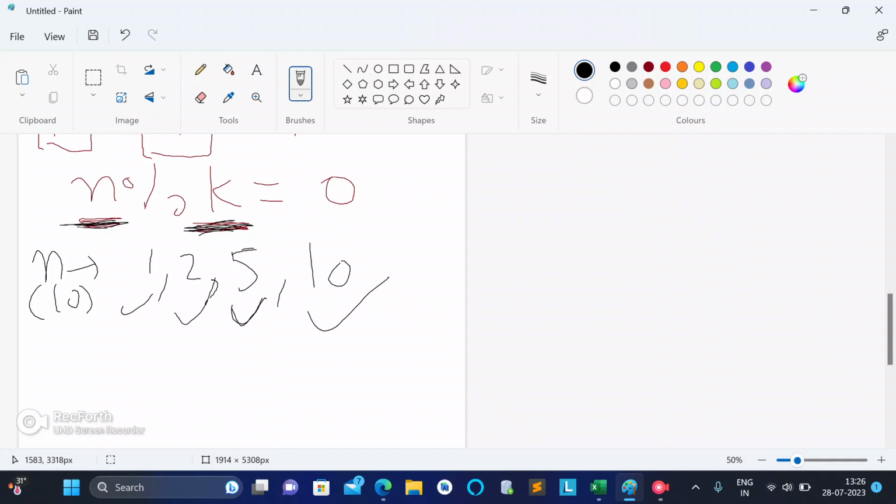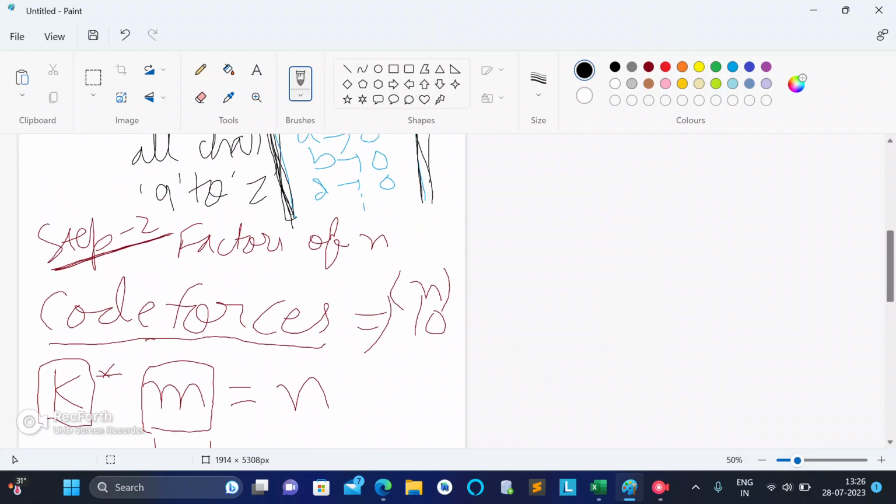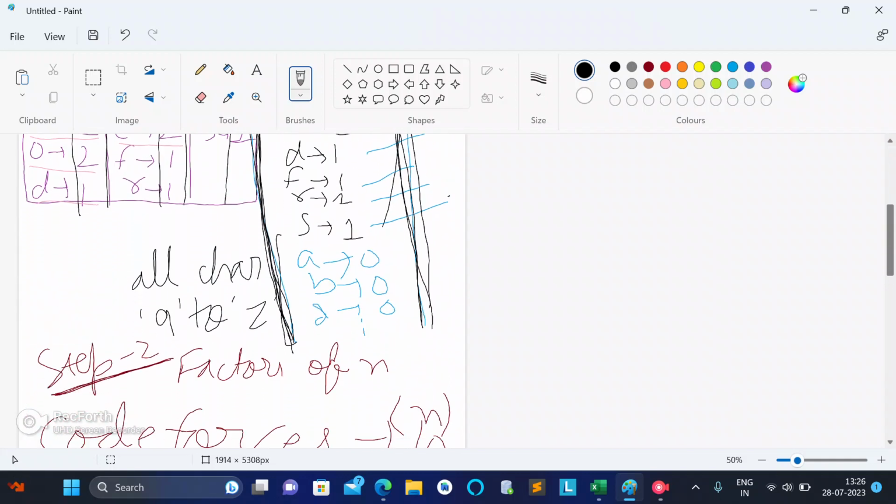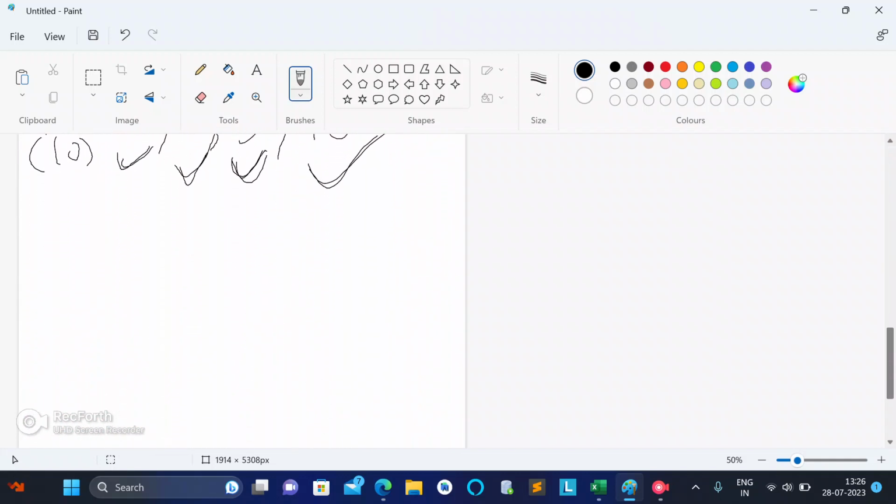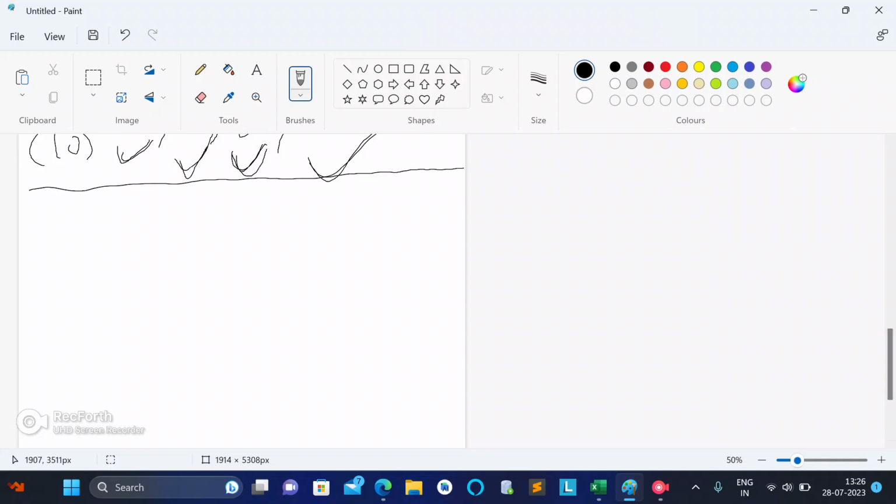So n modulo k is 0. So we will find the factors of n, which represent that the number of distinct characters can be either 1, 2, 5 or 10. So these are the two conclusions which we can make. So let's now move on to how we will actually solve the question.